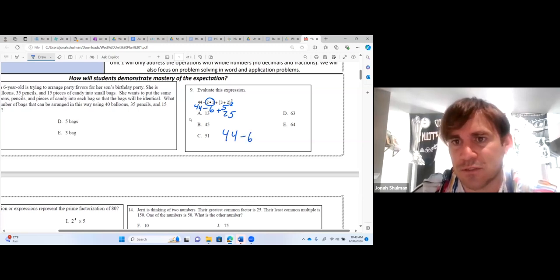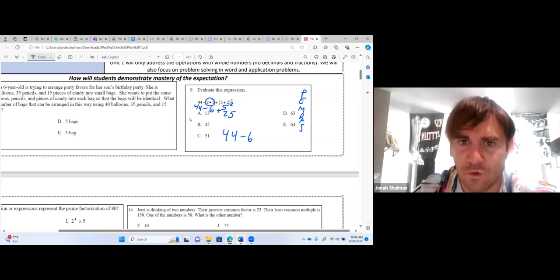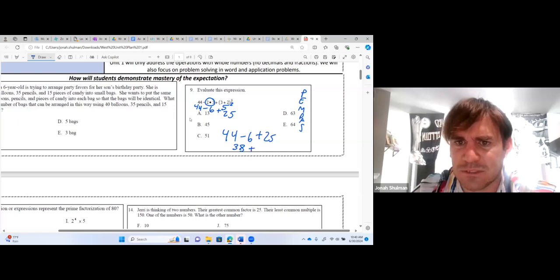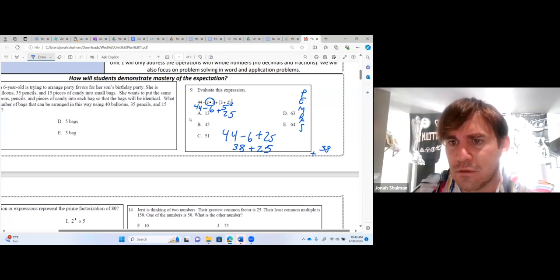This is just PEMDAS. 44 minus 6 plus 25. 44 minus 6 is going to be 38. What's 38 plus 25? 8 plus 5 is 13. Carry the 1. I got 63. So the D.